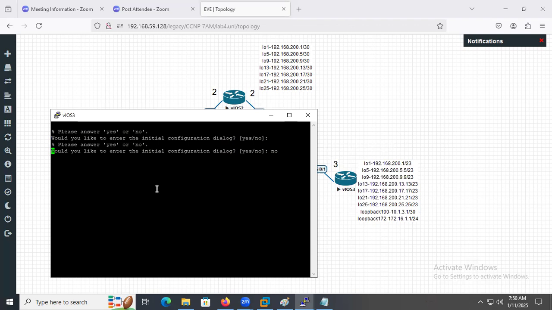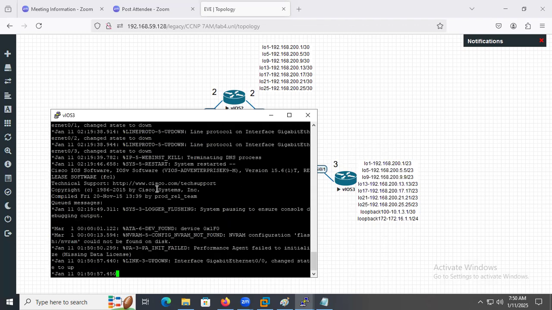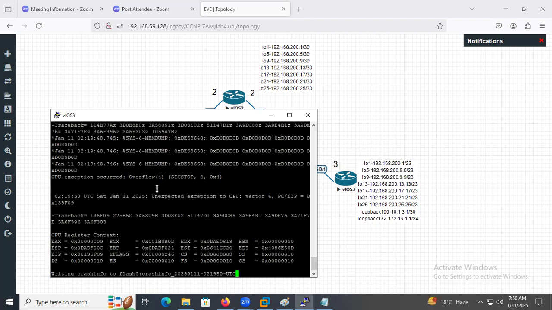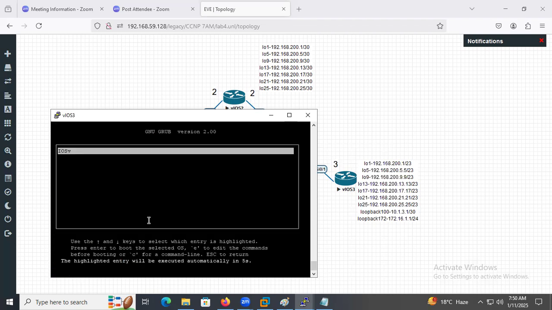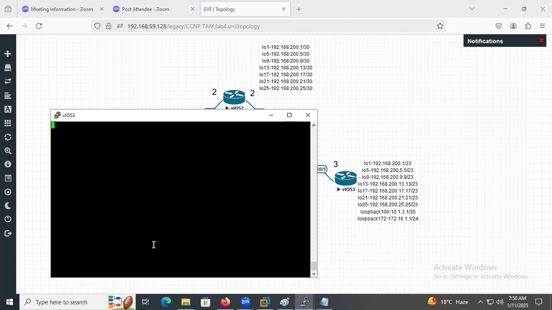So we have a router 3. In any EIGRP command you did not give, right? Only the loopbacks and interfaces are configured, just configuring the interfaces. So this router 3 is rebooting.